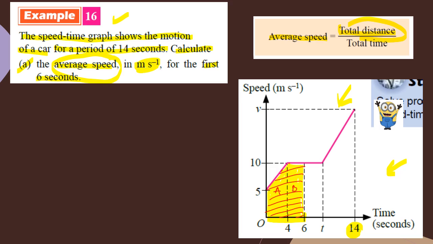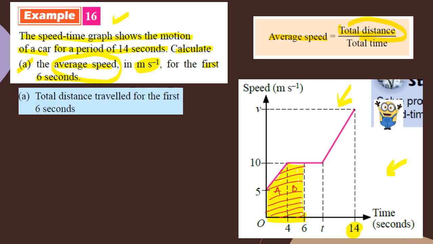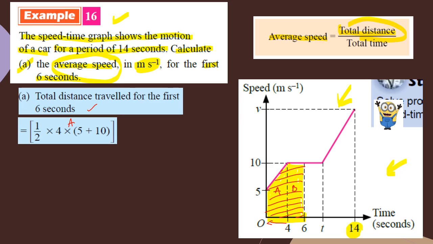So you just find the area of these shapes. The total distance for the first 6 seconds: this one is for the trapezium, 1 over 2 times 4, 4 is this one, and then the parallel lines, 5 and also this one is 10.